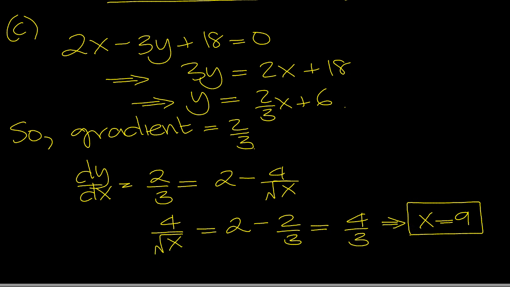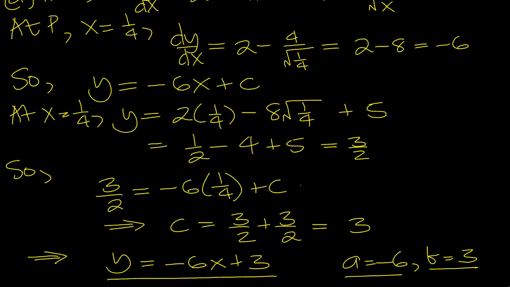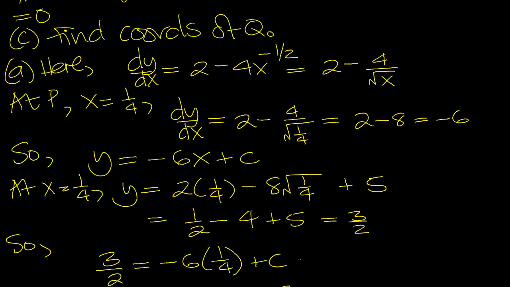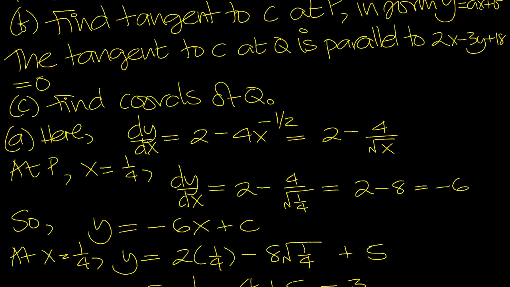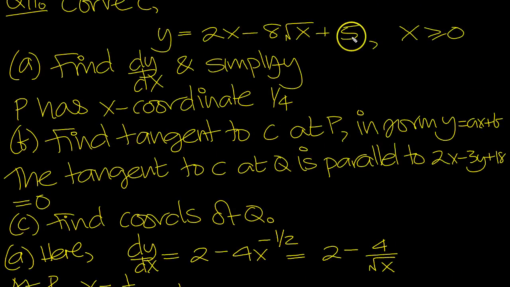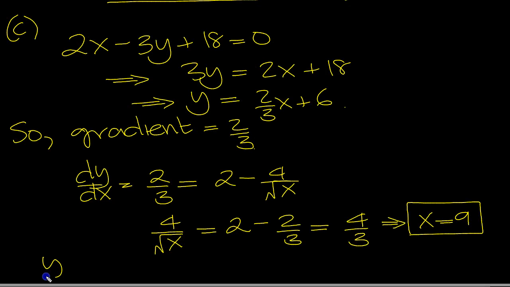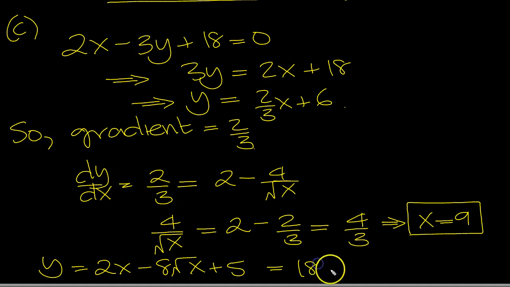And if x is 9 at Q, let's have a look here. So what does the question say? Find the coordinates of Q. So what does y equal? Let's have a look. 2x minus 8 root x plus 5. Y is equal to 2x minus 8 root x plus 5. X is 9, so 2 9s are 18.